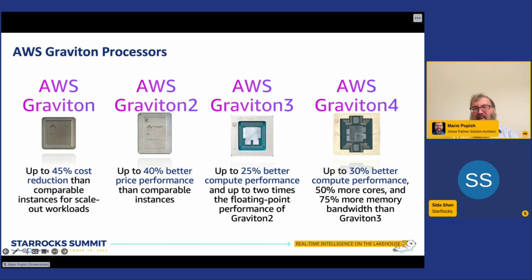The third generation offered up to 25% better compute performance and doubled the floating point performance of Graviton 2. This is a huge leap. Graviton 3 is really well established and people love running it. With Graviton 4, once again, we upped the compute performance. We added more cores and a lot more memory bandwidth.